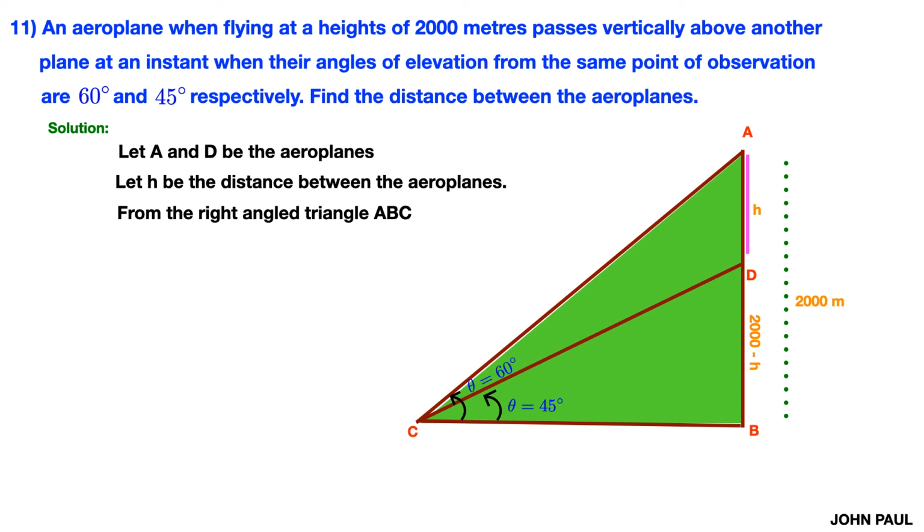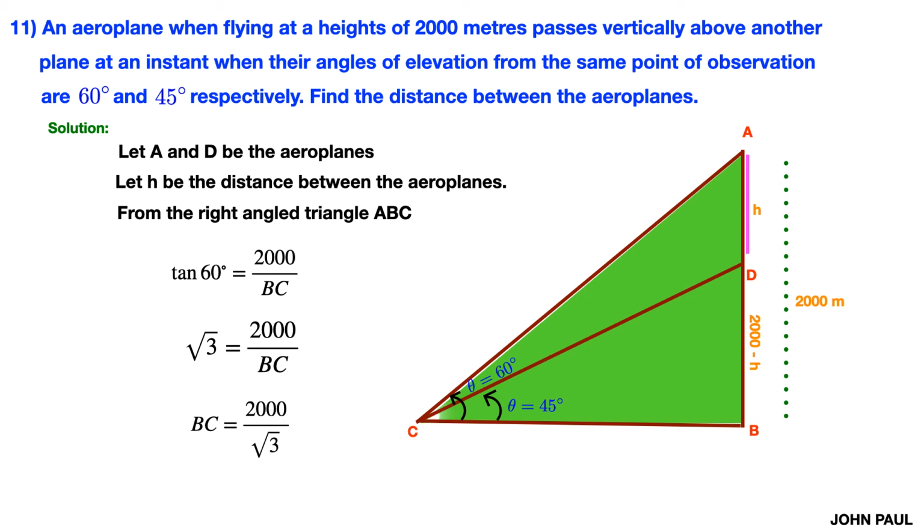From the right angle triangle ABC, the angle is 60 degree, tan 60 equal to 2000 by BC. Root 3 equal to 2000 by BC, therefore BC equal to 2000 by root 3.